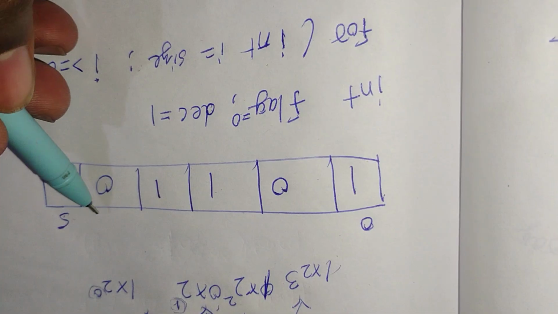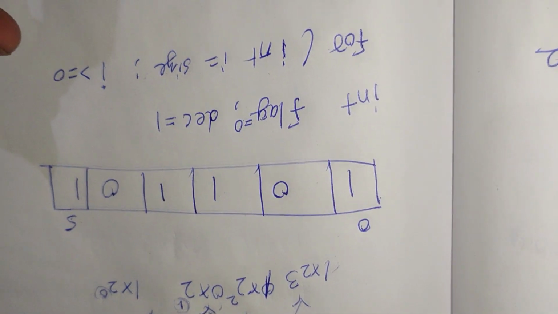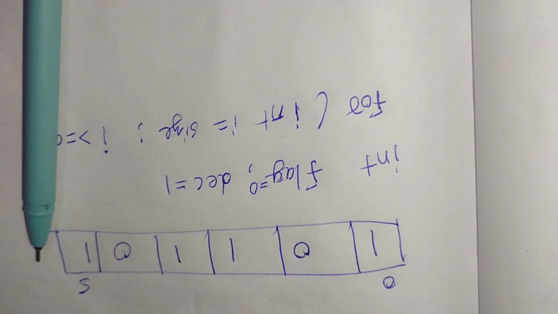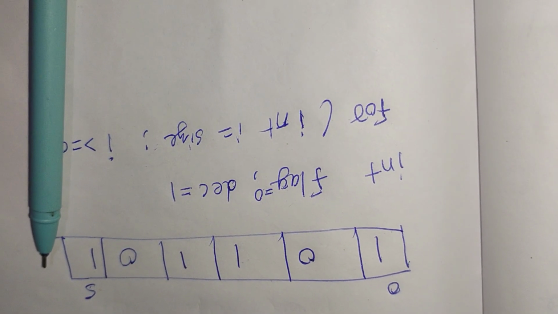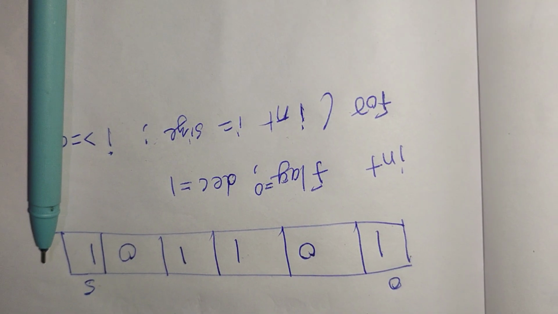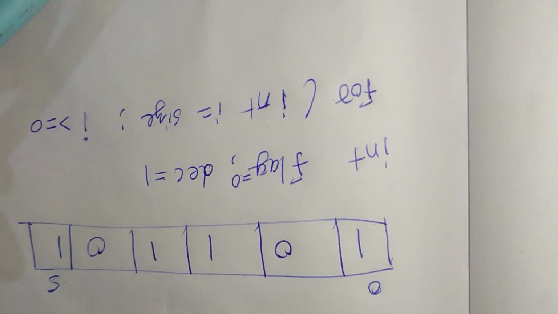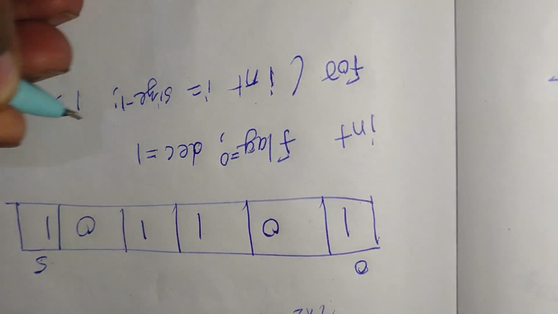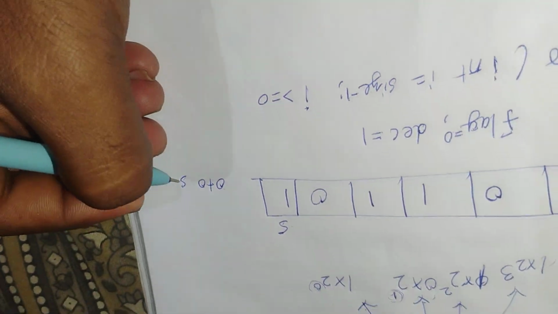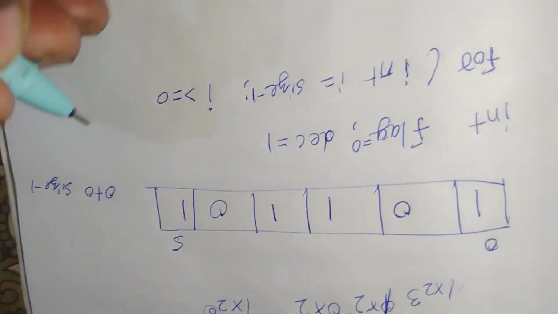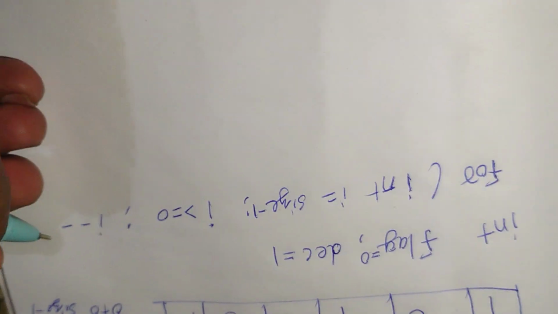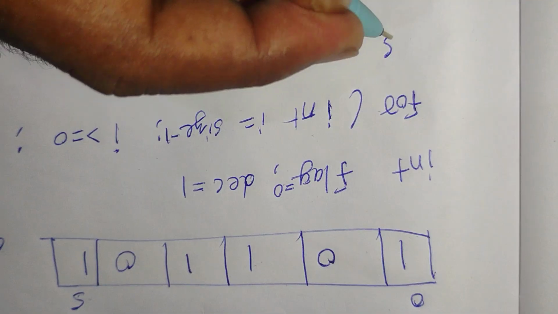So 5 to 0. Wait, just wait. Sorry, size - 1. This is the range, so always don't forget this range. So size - 1, colon, and instead of incrementing, I am going to use the decrement value.